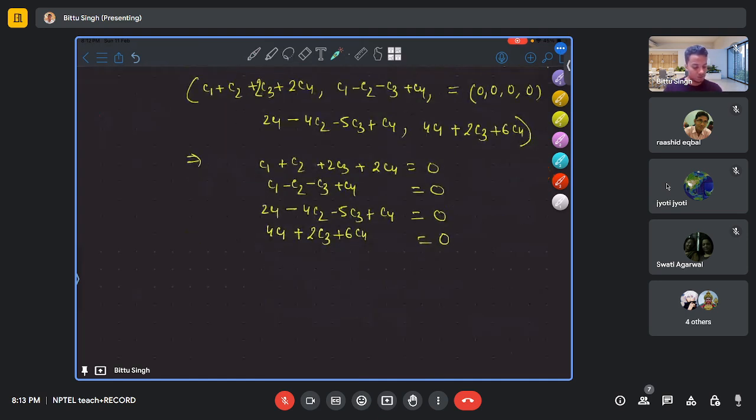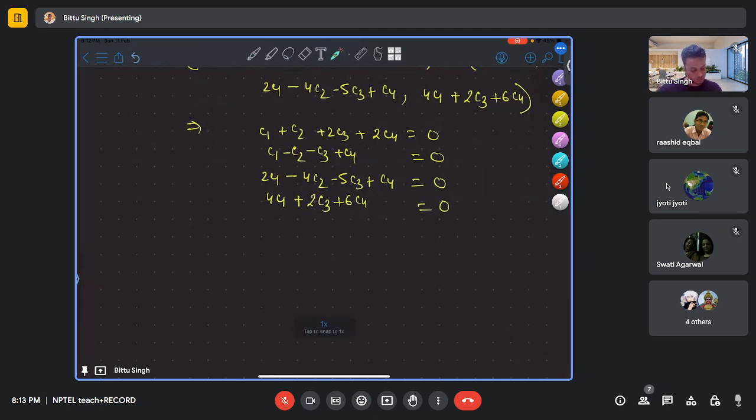Okay. So you can see we can write it as a matrix: 1 1 2 2, 1 -1 -1 1, 2 -4 -5 1, and 4 0 2 6.